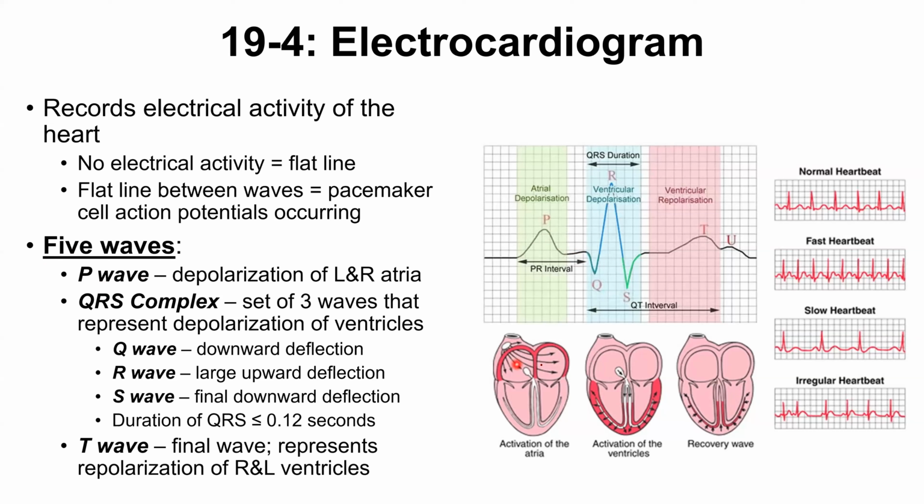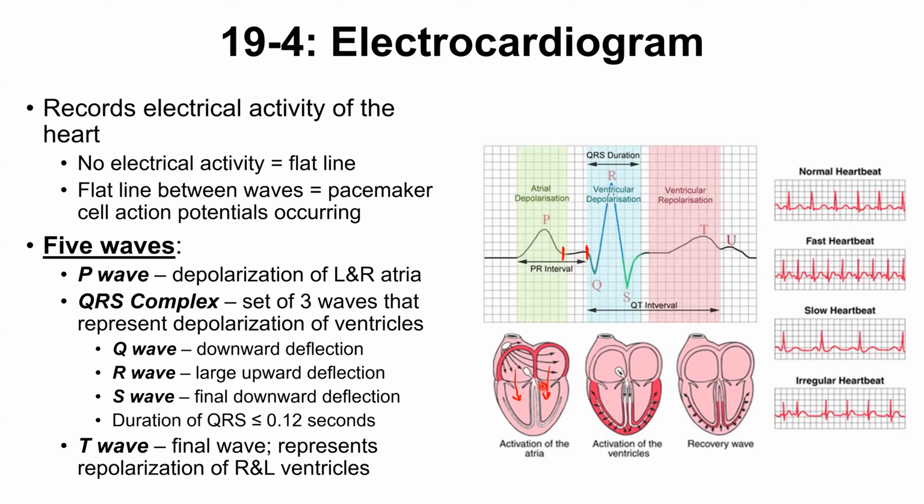So after the atria have been activated, they're going to contract. This segment that you see here, it's flat because there's no longer electrical activity passing through here. Now this is when the atria are actually contracting, okay? Which is going to force blood down into the ventricles.